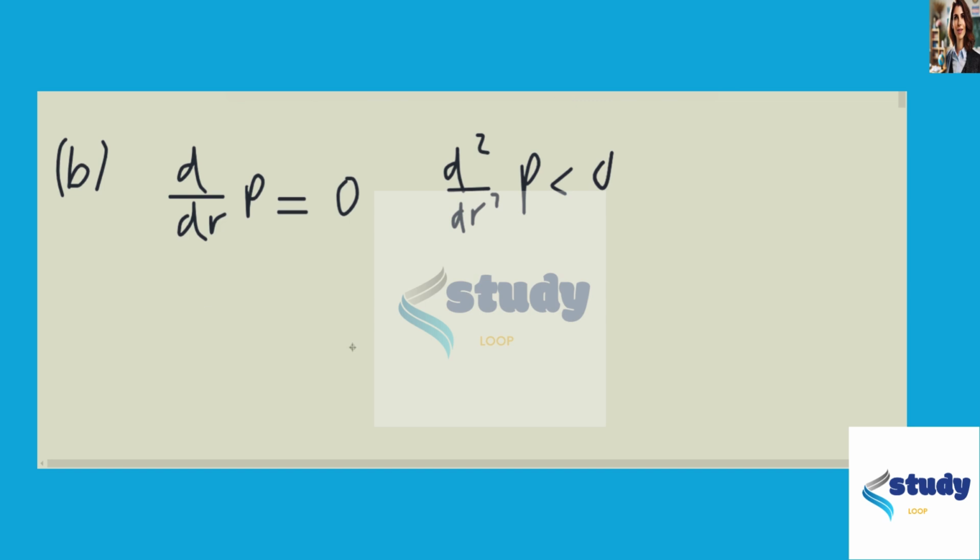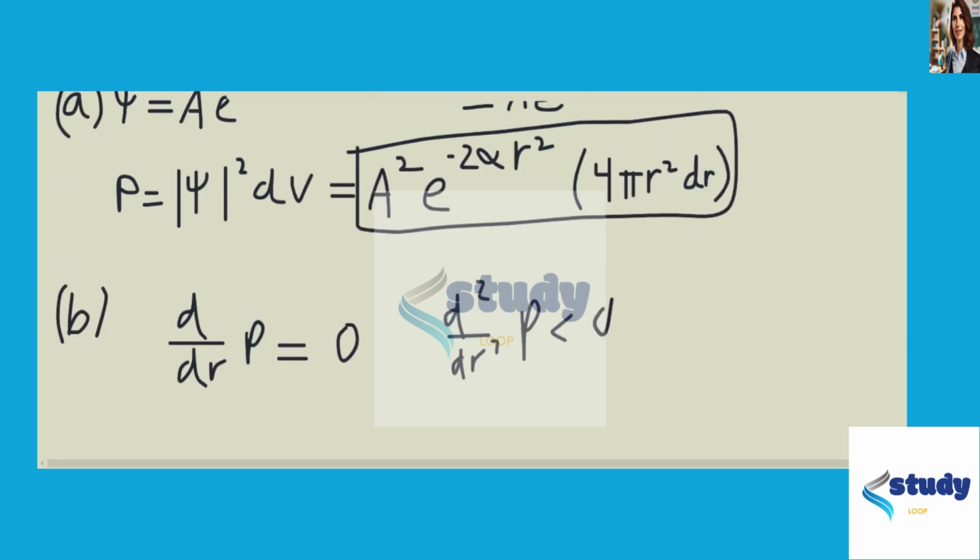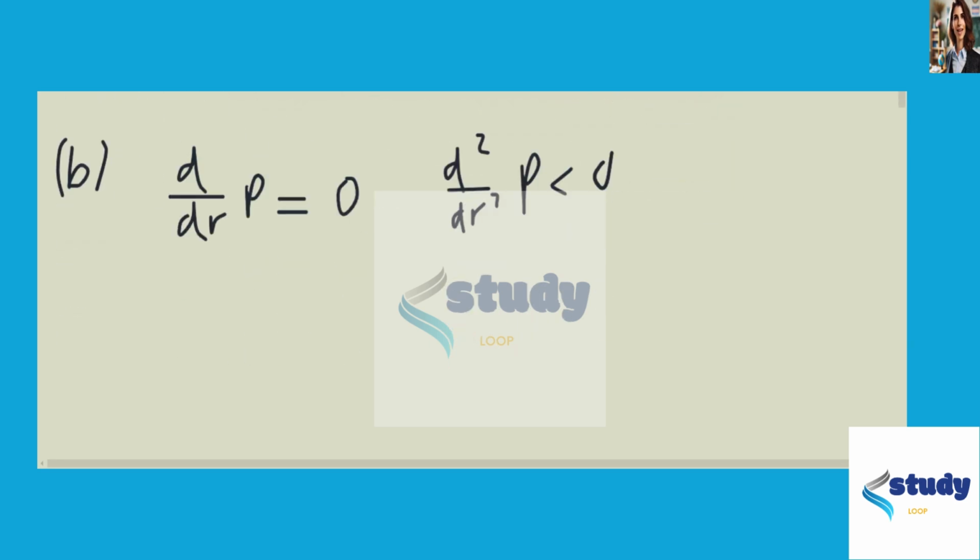dP/dr. So remember that the probability function is written above, so that's the probability function we're going to be taking the derivative of with respect to r. So first we have the 4 pi r squared.